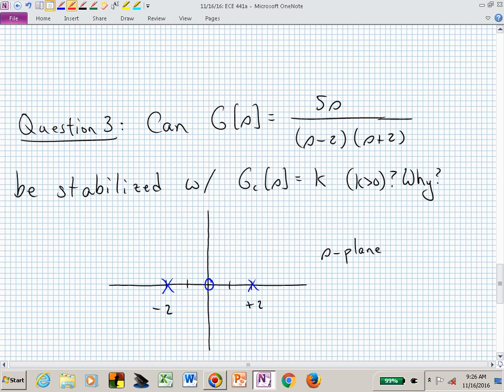What do you have to do? Now you just have to go to step 2. Step 1 was to put the poles and zeros down. Step 2 is to place the root locus on the real line. Which real line segments belong to the root locus?